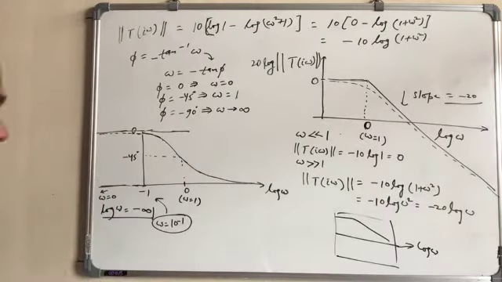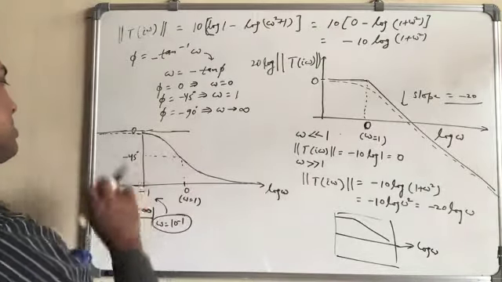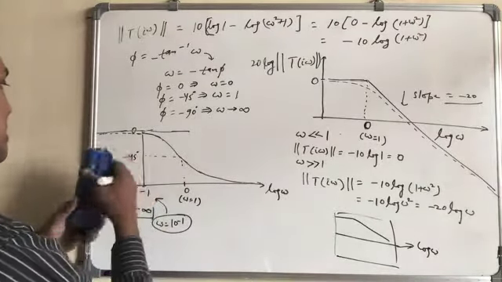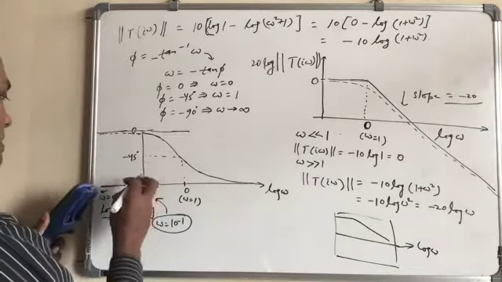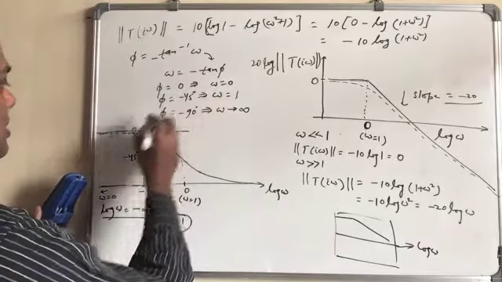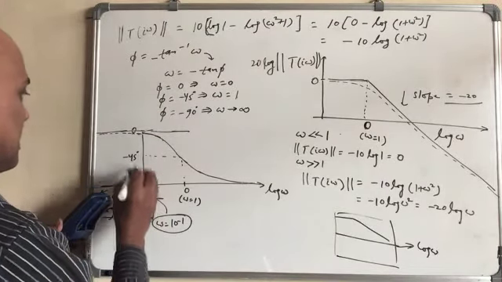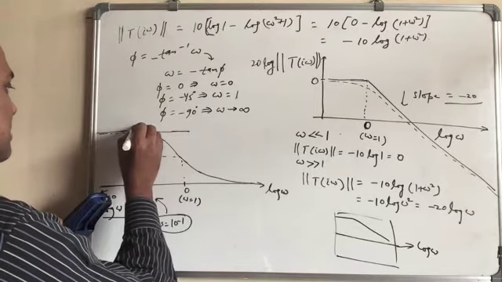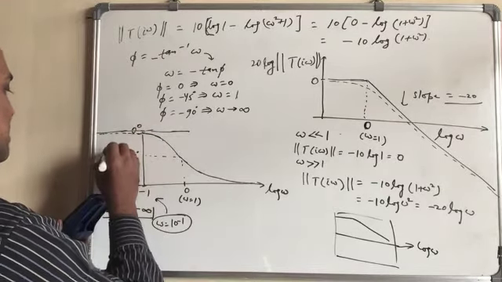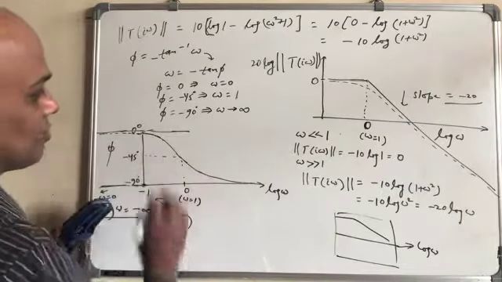So this is what the phase will look like. This is 0, of course, this is minus 90. So this is 0 degree, this is minus 45 degree, this is phi you are plotting, and this is the minus 90 degree. This is how it goes.